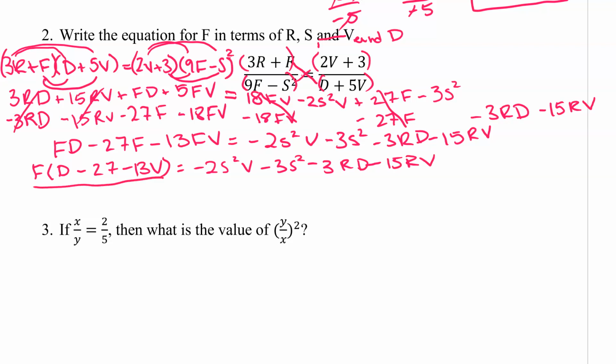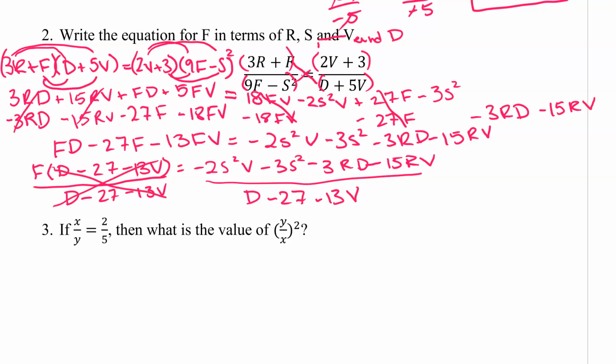All right, and then we want just f on the left, so we're going to divide both sides by the expression in parentheses. And the expression in parentheses goes away. So I've got my f by itself, which was my goal. So my answer is this guy here.